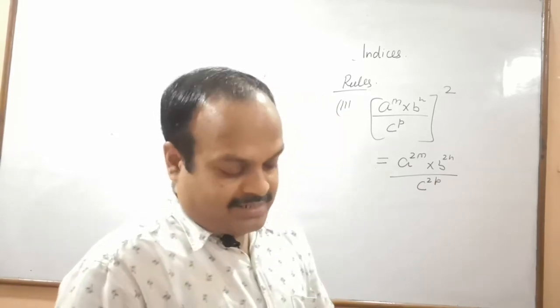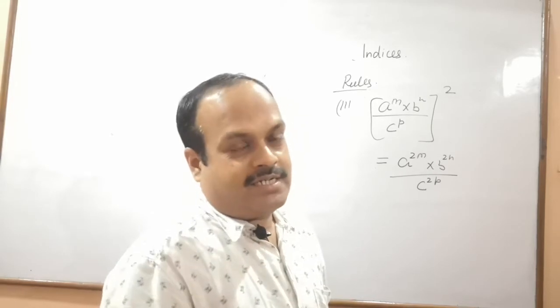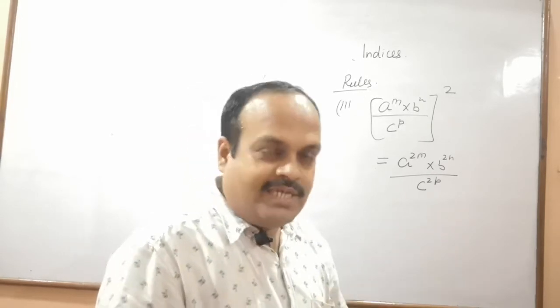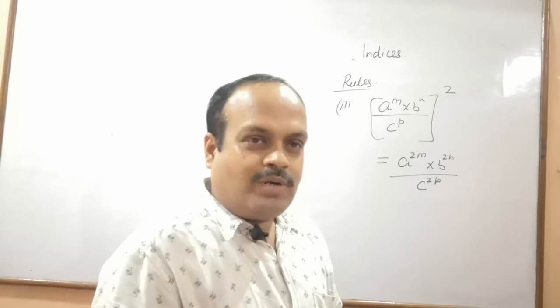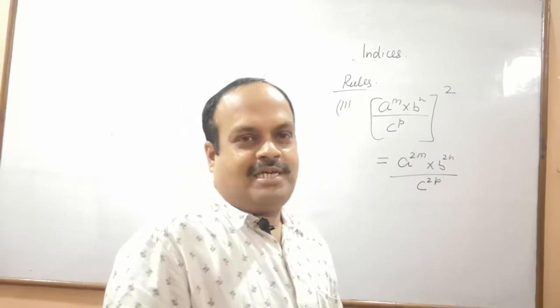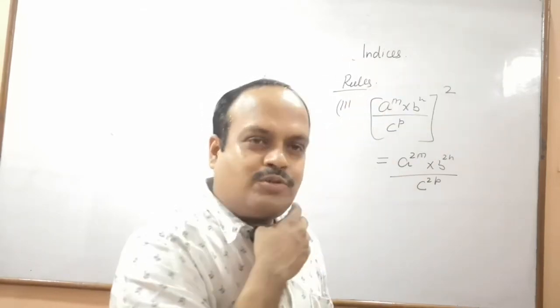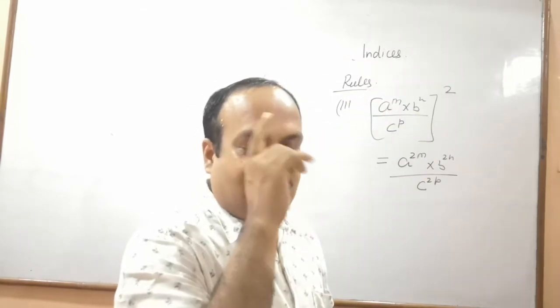But some of you make mistake when you see that you have addition of exponential numbers and that addition is raised to the power 2 or 3, then there you make mistake.